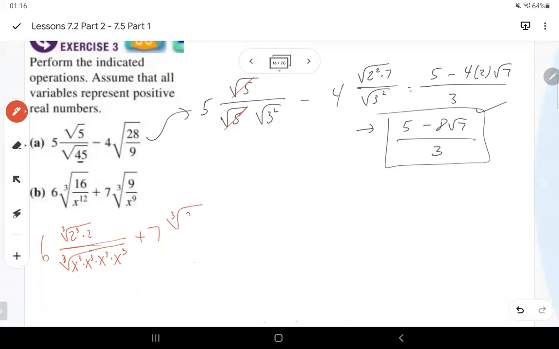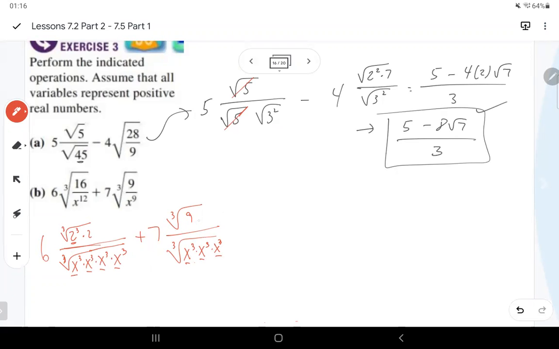Cubed root of 9 doesn't change anything. Cubed root on the bottom though, x cubed, x cubed, x cubed. So we'll pull out 4 x's on the bottom and 3 x's on the bottom of that one. We're going to pull out 1, 2 on top of here.